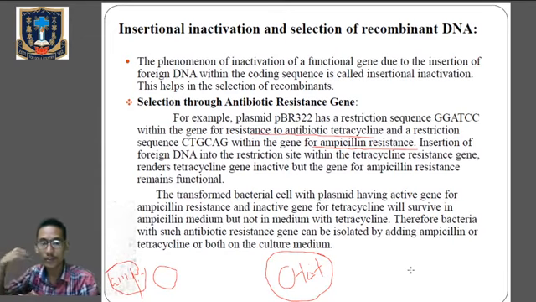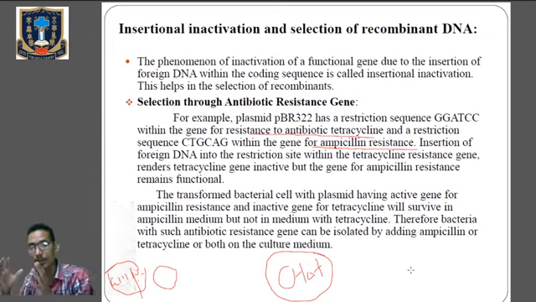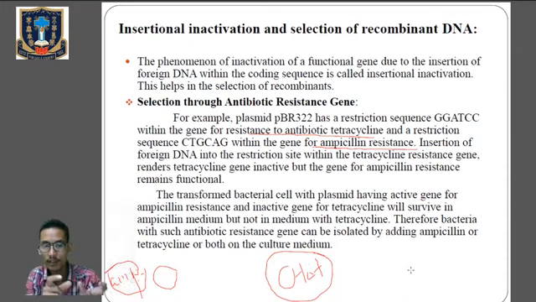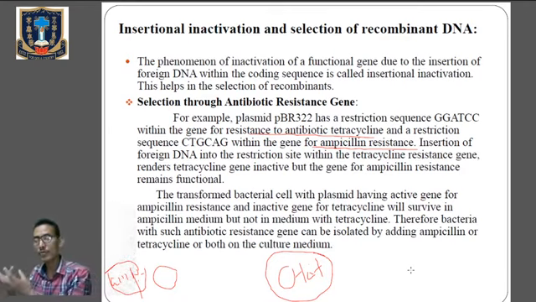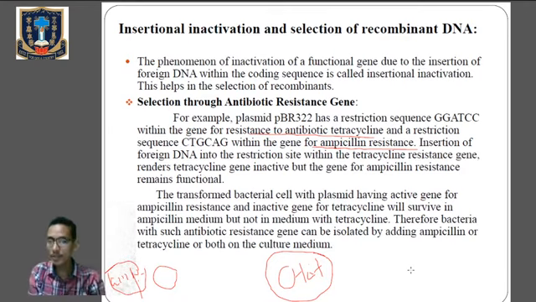During transformation of bacterial cells, we have inserted the foreign DNA into the region of the vector pBR322 which provides resistance to tetracycline, whereas the gene for ampicillin resistance remains functional. So when we put the bacterial cells into a medium containing ampicillin, all the bacterial cells can survive, right?